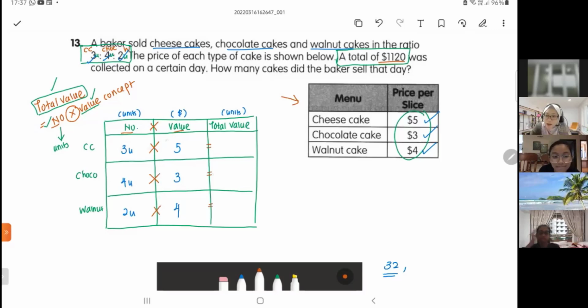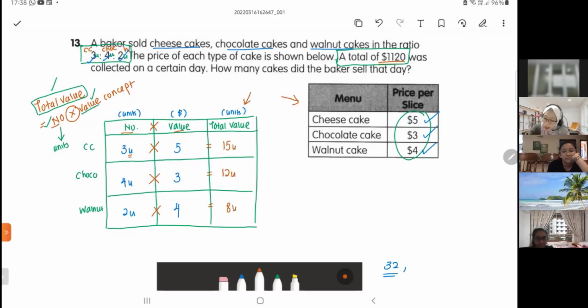Equals to 3 units times 5, 15 units. The units is still there. That's why I say it is back to units. Get it? Okay. 4 units times 3, 12 units. 2 units times 4, 8 units.